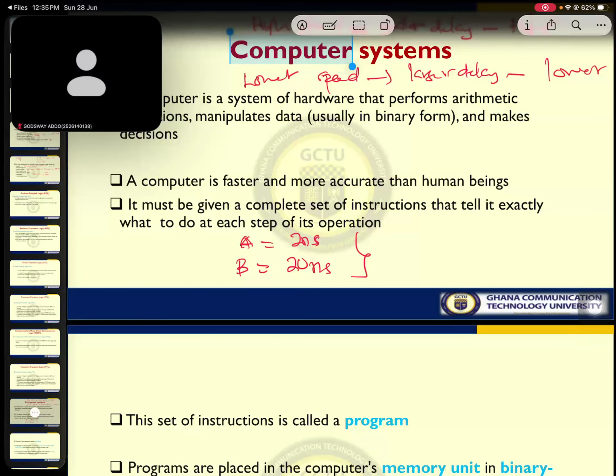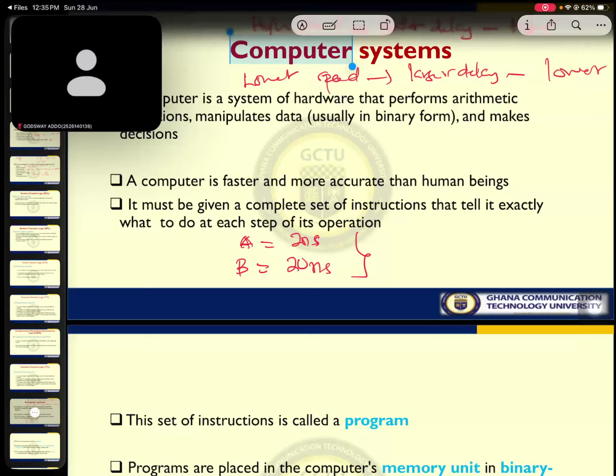Which one will be faster? A. Logic family A is faster. So it means that it can operate at a higher frequency because the delay is small. It can operate at a much higher frequency than logic family B.